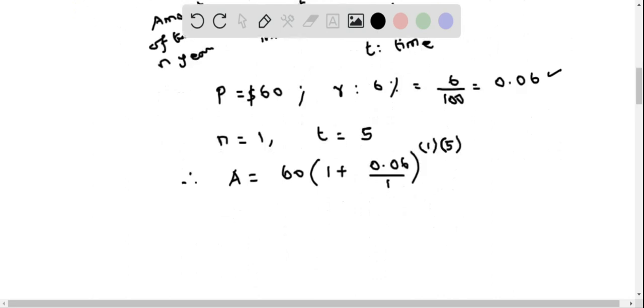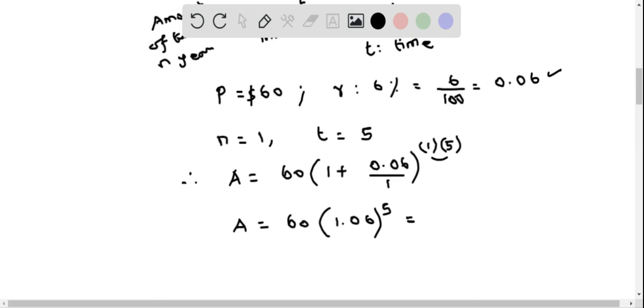And so let's simplify this. So we get A equals 60 times (1 plus 0.06, which is 1.06), and this is raised to the power of 5 times 1 is 5. So we can plug this numerical expression into the calculator and find the value.